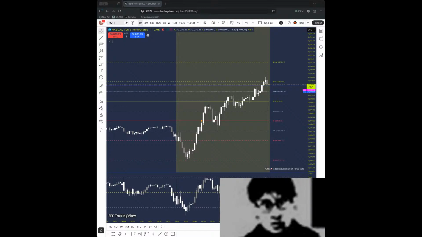Back to green here, 2 micros now. I'm not gonna take it yet. See if we can pull a little bit more. I'll take one off. Okay, I just pulled one off. Now I'm back to break even at the top again.